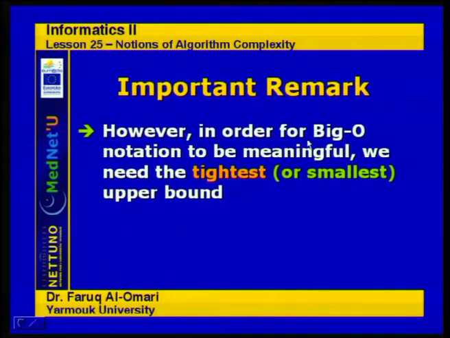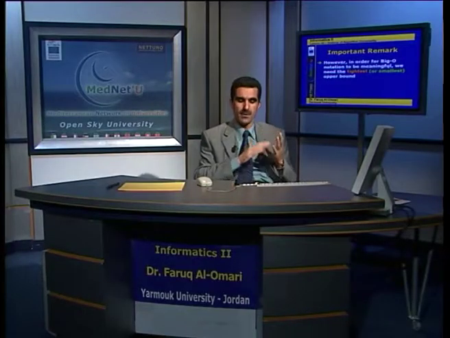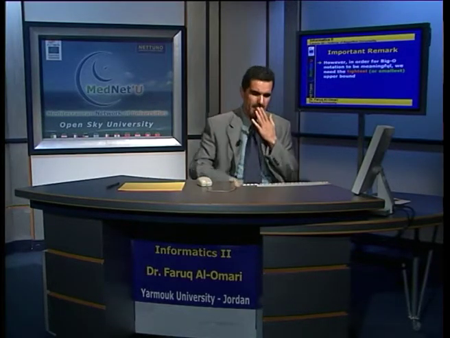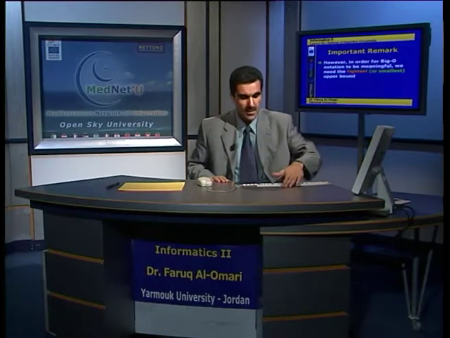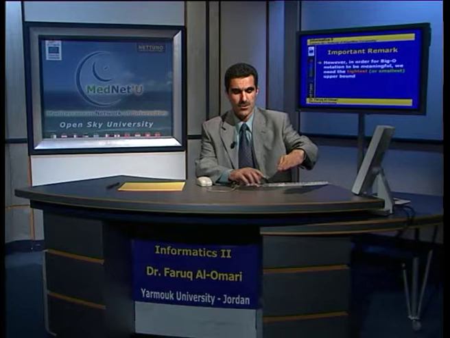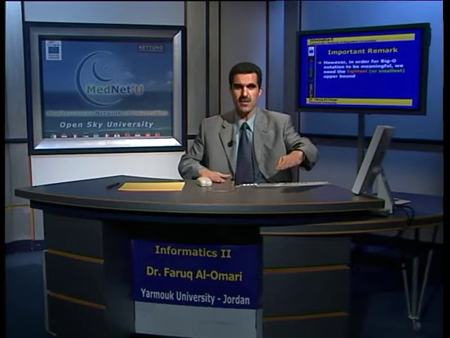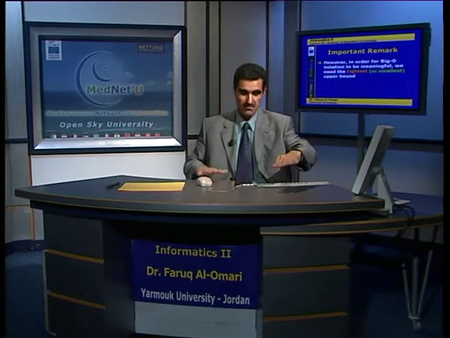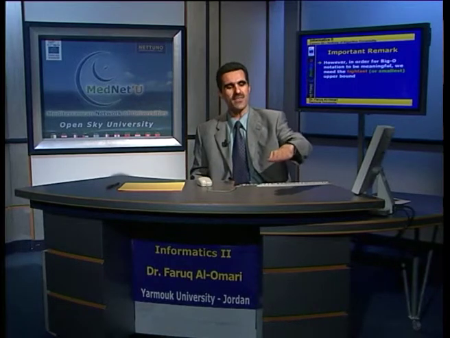However, in order for the big O notation to be meaningful, I have to be very strict about this upper bound. What am I trying to say here? This height is definitely higher than this, so I can say that the tables that I have are always lower than this ceiling.